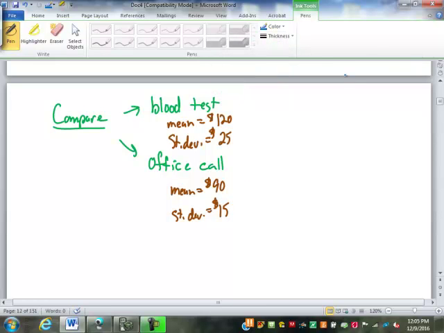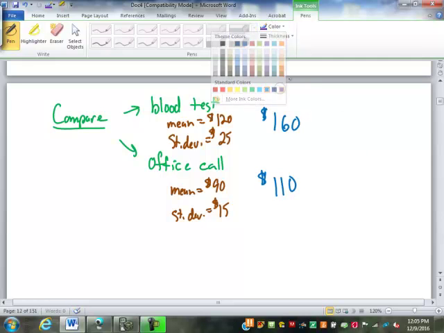And let's say the place you are looking at charges $160 for a blood test. $110 for an office call. Which one is more out of line?